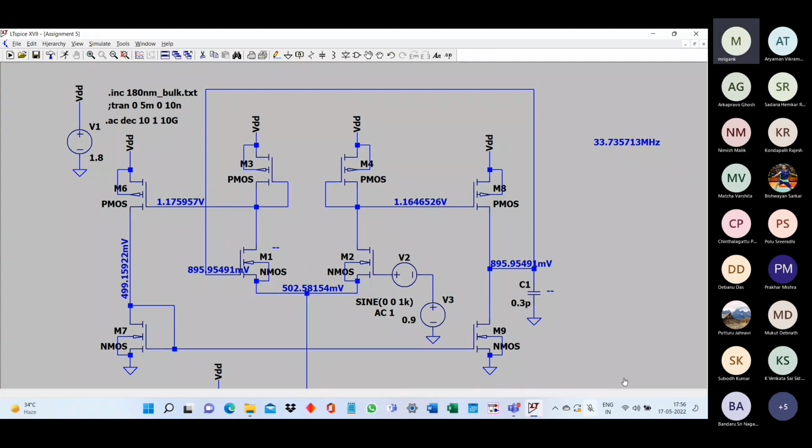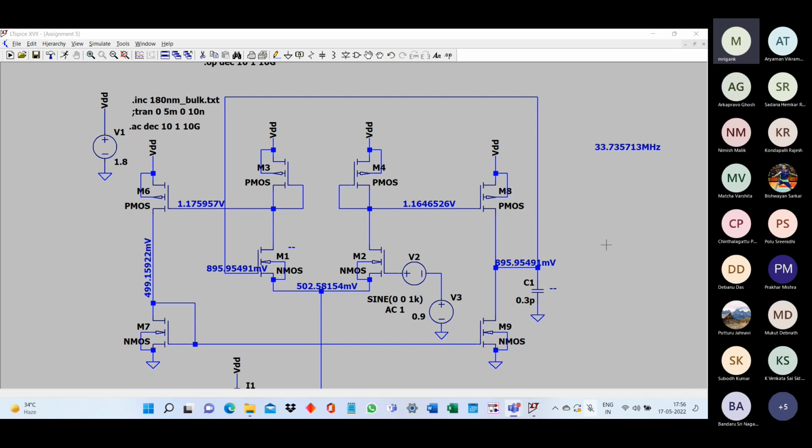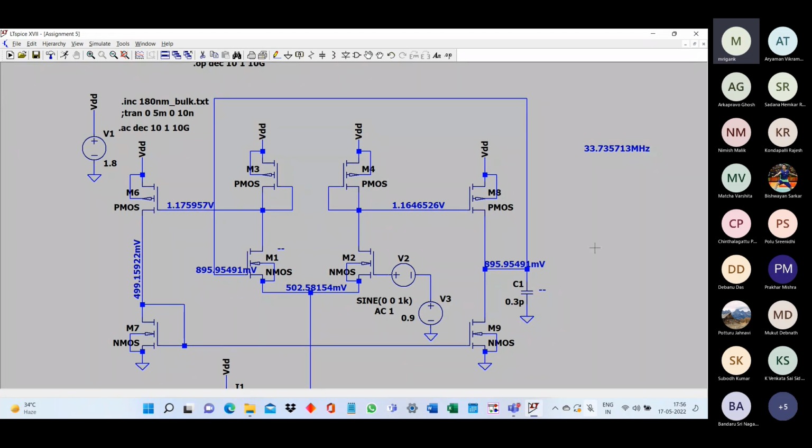And now you can also check the closed loop bandwidth. So input to output, what is the closed loop bandwidth? Should I remove the capacitance or keep it? No, we'll keep it because ultimately the capacitance is for stability of the loop, right? Capacitance is supposed to be there for stabilizing the loop. Ultimately, the stability issue will come only in the feedback. In open loop, there is no stability issue.